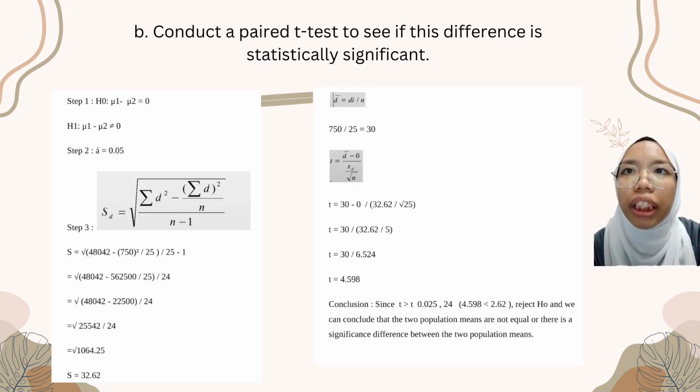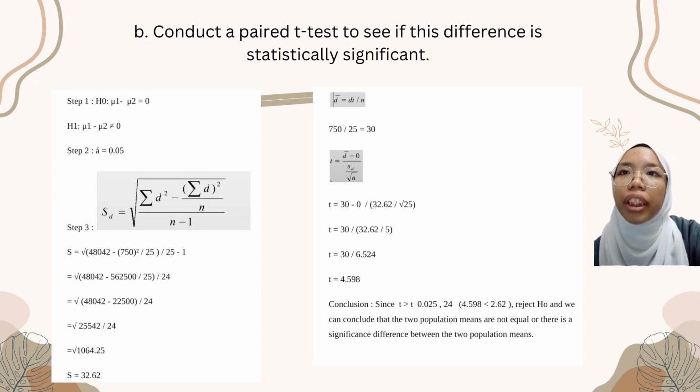For question 8b, conduct a test to see if this difference is statistically significant. Overall difference is 750 and overall difference squared is 48,042. S equals root of 48,042 minus 750 squared divided by 25, all divided by 25 minus 1. Root of 48,042 minus 562,500 divided by 25, divided by 24.